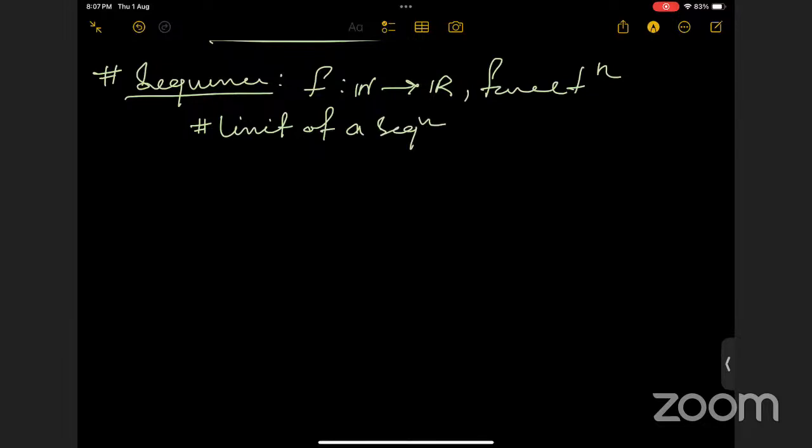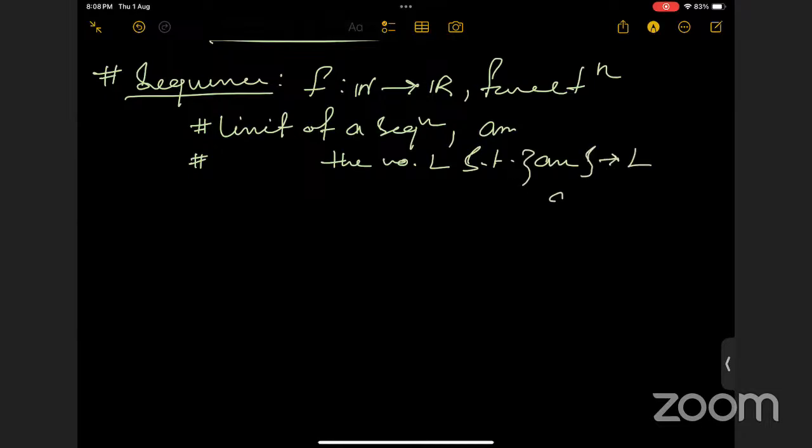And now you know the concept of limit of a sequence, right? Do I need to explain it again, or you know already? I think you already know. So limit of a sequence is basically the number L such that the sequence a_n tends to the number L as n tends to infinity.